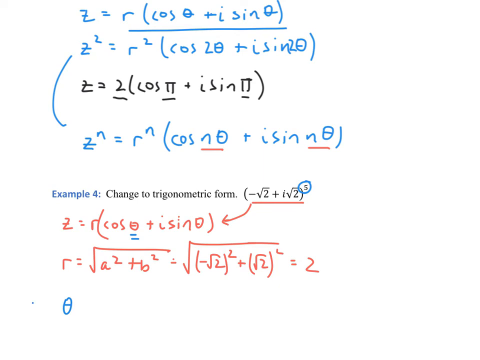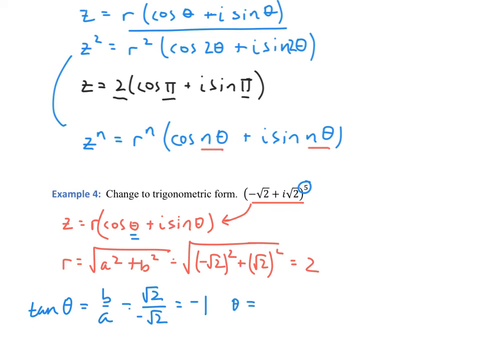Tan theta is equal to b over a. In our case, it would be root 2 over negative root 2, which is equal to negative 1.